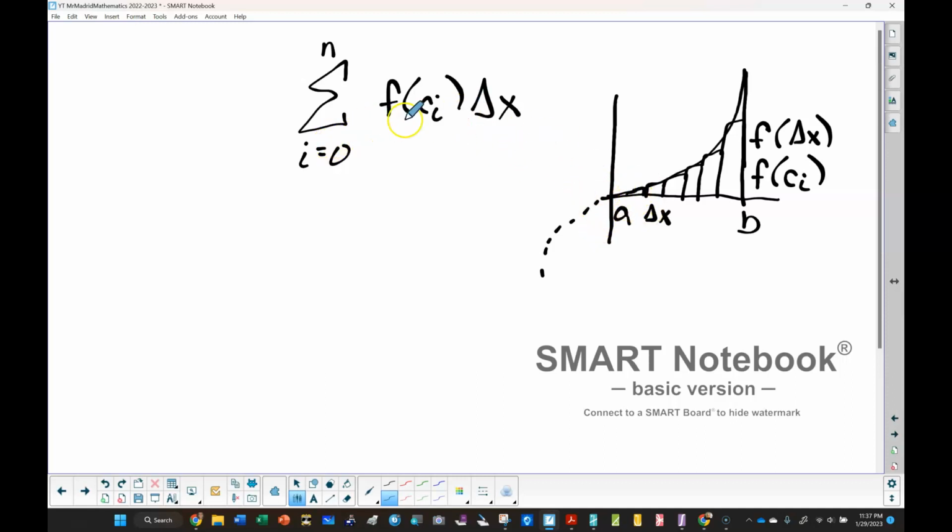Then you go to the first, the second, the third, and so on all the way to n, getting the area of each individual rectangle. By the time you finish at n, you'd have the area for all these rectangles, which would be an approximation for the area underneath this curve.